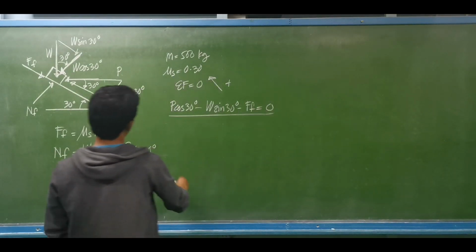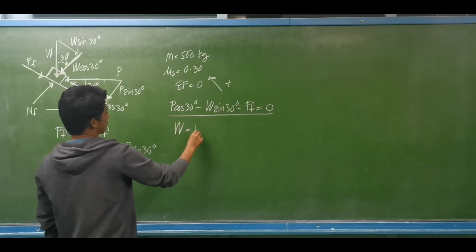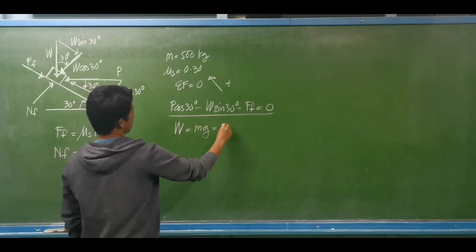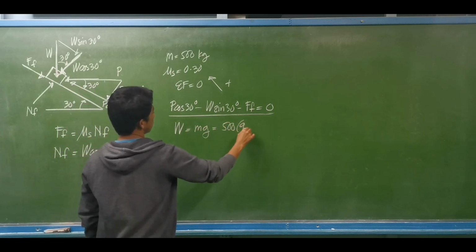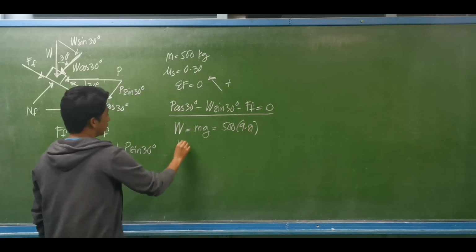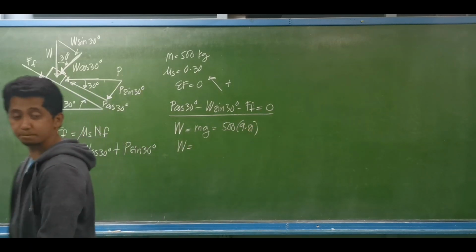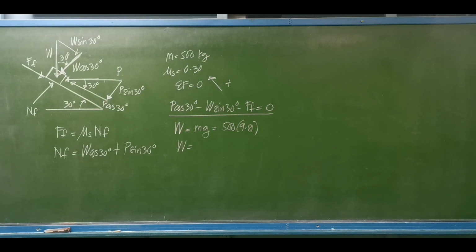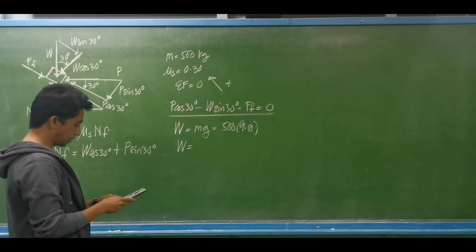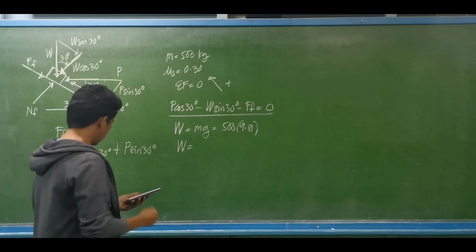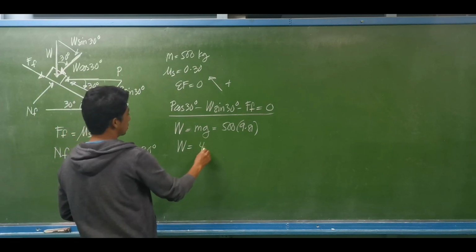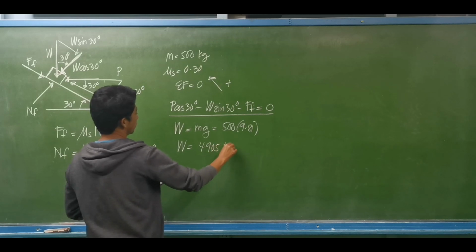Let us compute for the weight. How to compute for the weight? That is the mass times acceleration due to gravity. This is 500 times 9.81. We have the weight of the block. 500 multiplied by 9.81 is equal to 4,905 newtons.